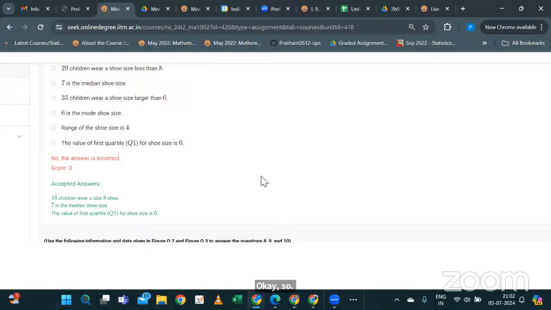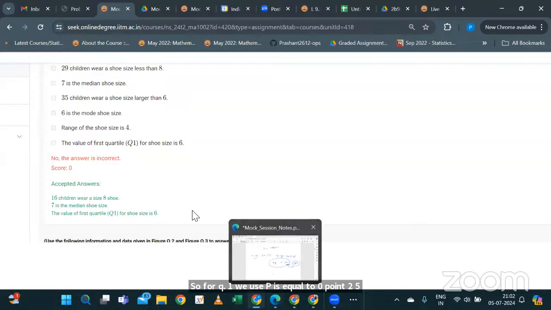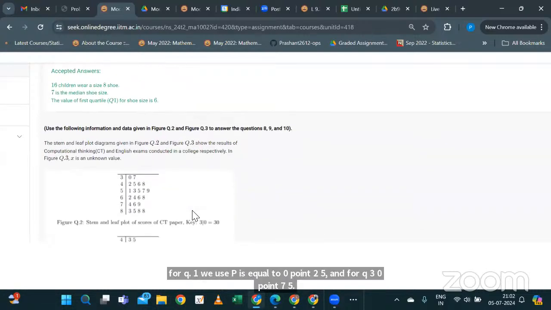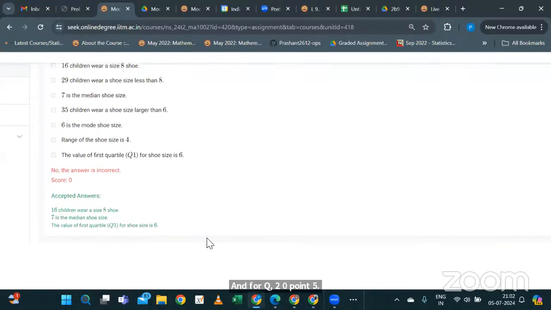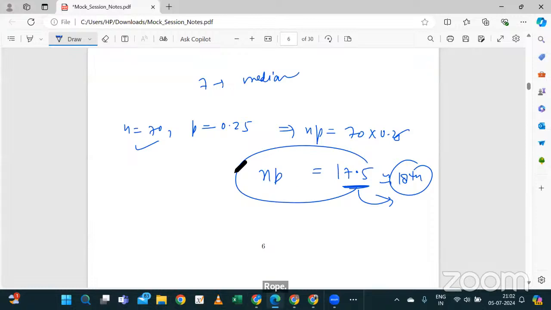For Q1 we use P equal to 0.25, for Q3 0.75, and for Q2 0.5. So the last option, one more time. Q1 is N into P, and the value of NP is 17.5. Since the value of NP is in decimal, I will go for the next integer, which is 18th.